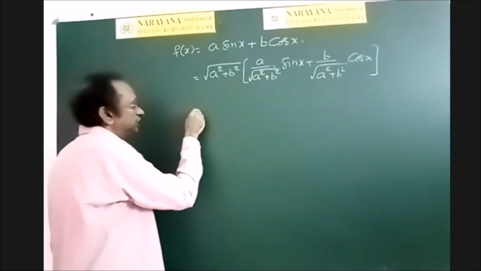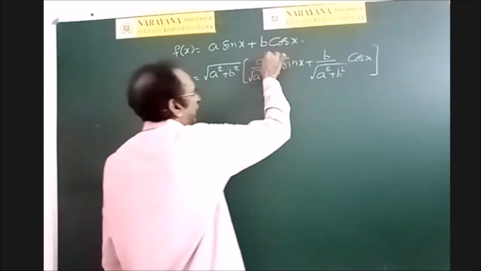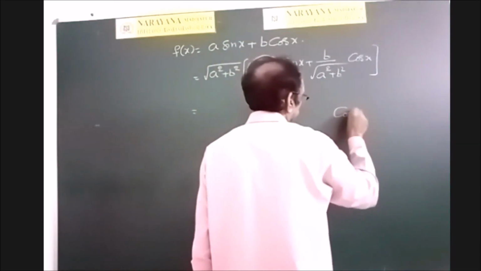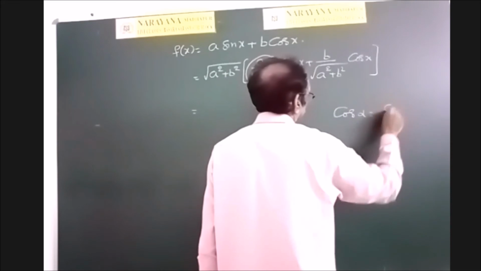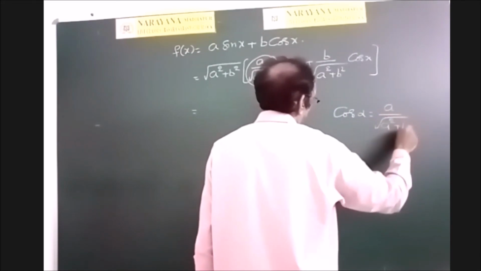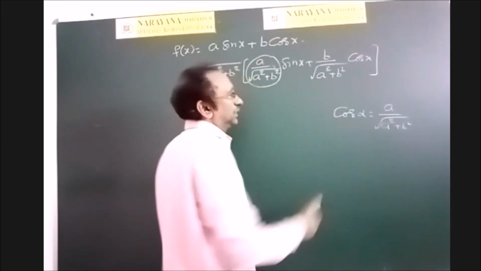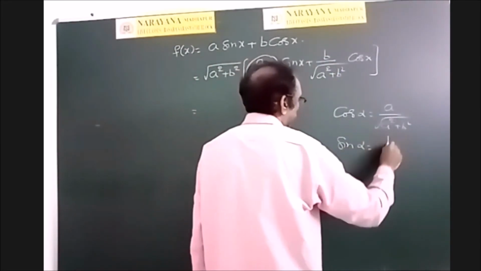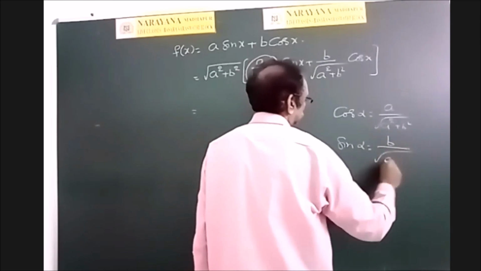Okay. Now take this, a by root a square plus b square, as cos alpha. Then automatically b by root a square plus b square becomes sin alpha.